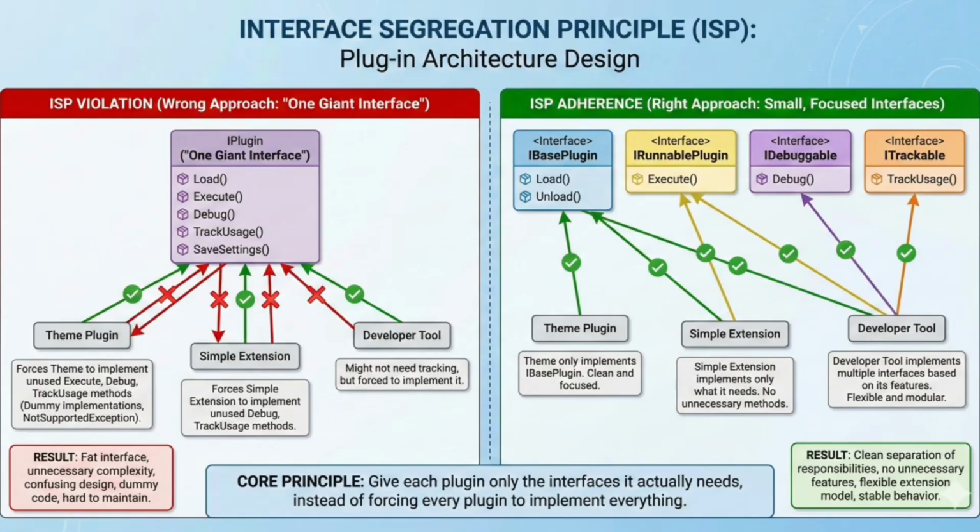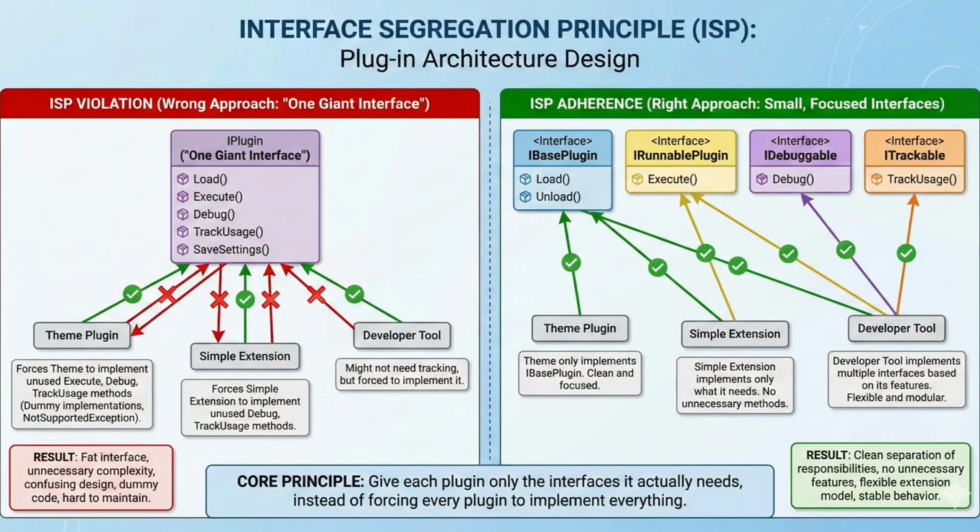In many applications, logging may start with a simple file logger. Later, requirements grow. We need database logging, cloud logging, monitoring tools like ELK or Splunk, and more. A bad design mistake is creating one massive logger interface like ILogger with logToFile, logToDatabase, logToCloud, logToMonitoring.